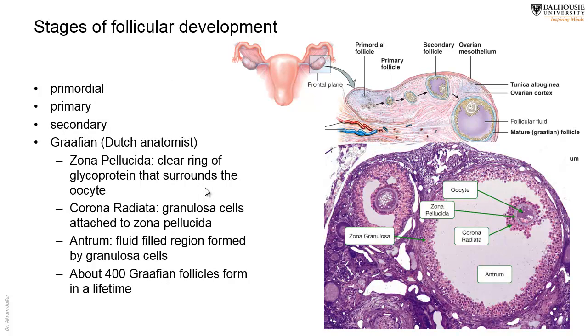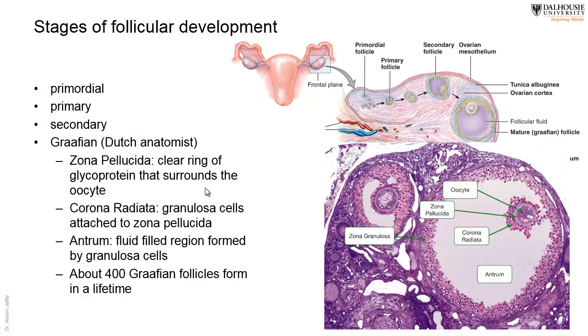So as I said, there are primordial follicles, and these contain oocytes. And these primordial follicles containing the oocytes are present at birth. So in the male, remember we mentioned the spermatogonium, and then the primary spermatocyte, secondary spermatocyte, and then the sperm.